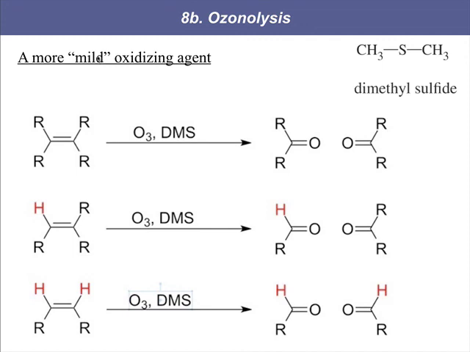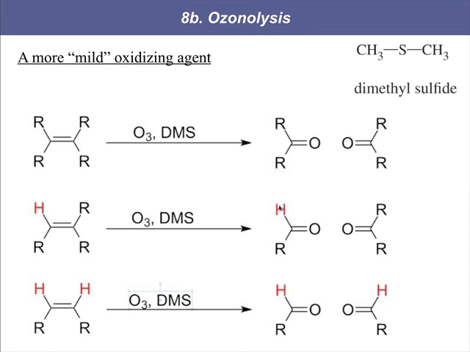Ozone is a very, very, very nasty oxidizing agent. But as far as these functional groups go, ozonolysis does not oxidize the aldehyde the same way that KMnO4 does. So in that sense, you can think of it as being mild because it is not able to oxidize the same things that KMnO4 can.